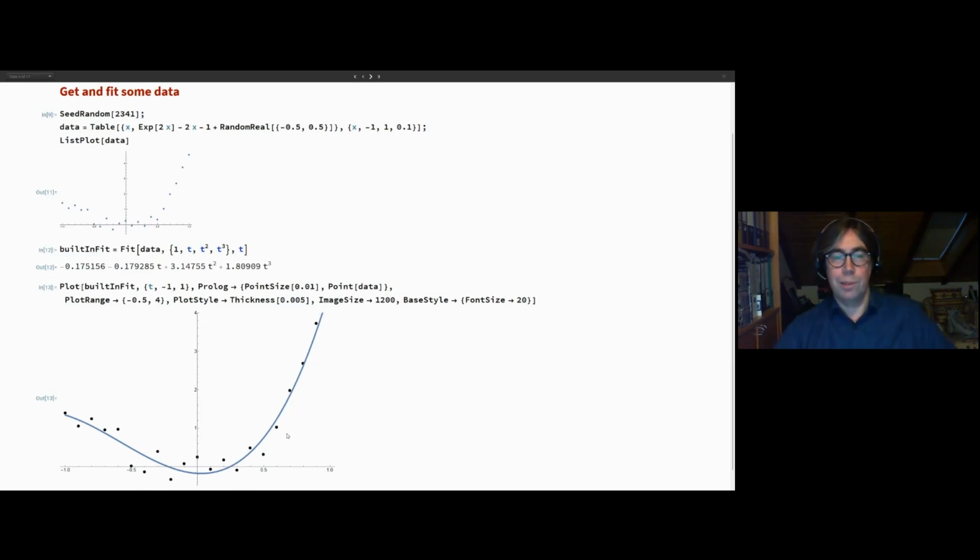And why would I want to fit these data? As always, I want to evaluate between points. I want to extrapolate, and I also want a smooth approximation. I want to get the derivative. For instance, in that talk just an hour ago, from finite elements to system modeler, the data points would have been displacements and corresponding forces.